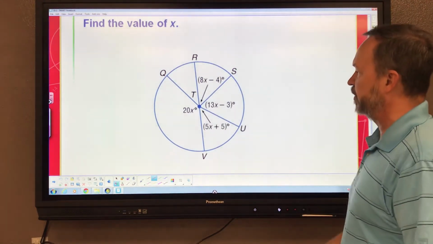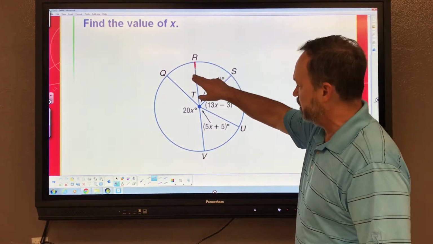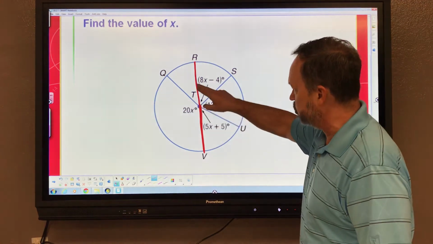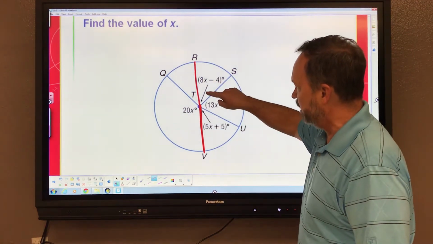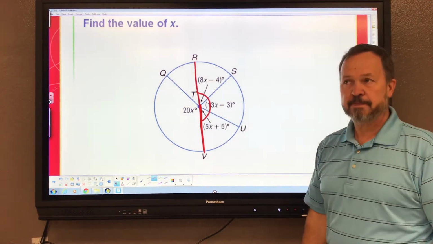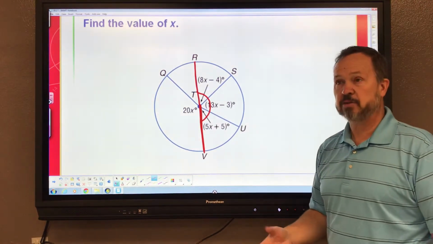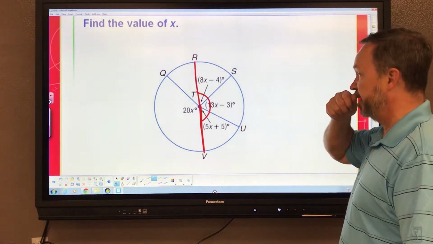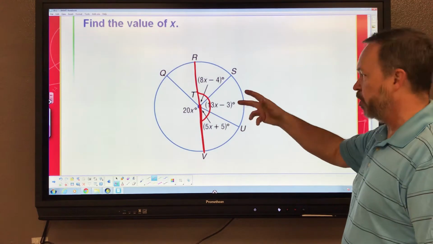So I'm going to do something here, and I'm going to say, you know, this is a diameter, goes through the circle, so that means these have to add up to 180. It's half a circle, semicircle, which is 180 degrees. If all of it's 360 and half of it is 180. So you can see how we carve that out.